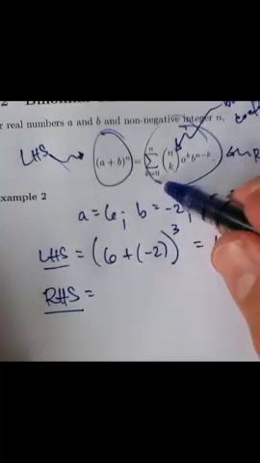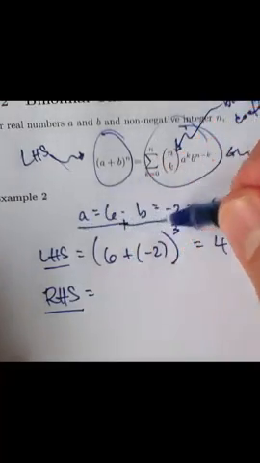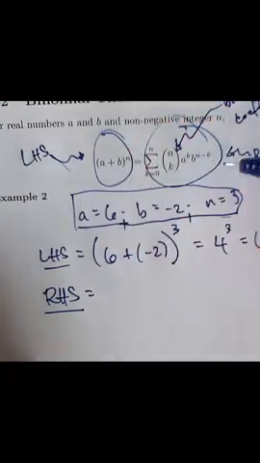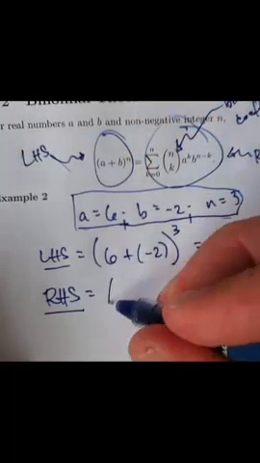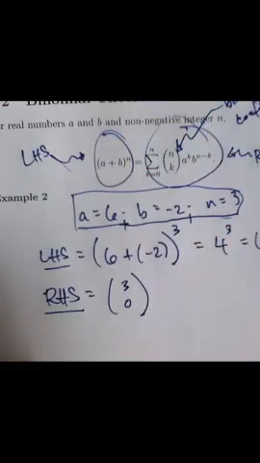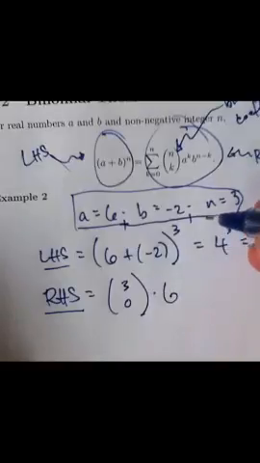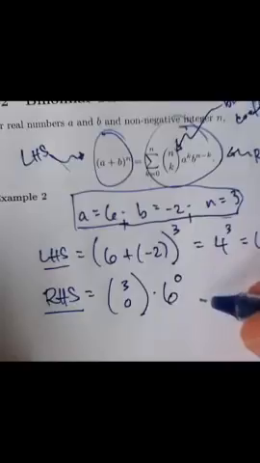The right-hand side then is, let's see, first term, k equals 0 and n is 3. We choose 0 times a is 6 raised to the k, which is 0, in the first term. B is -2, raising that to the 3 minus 0.